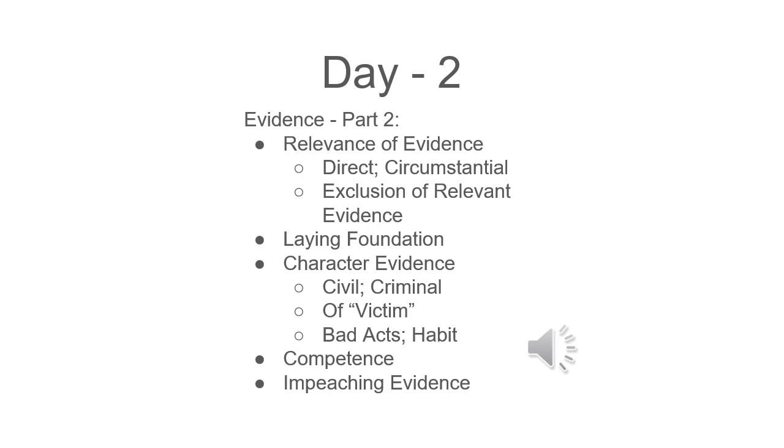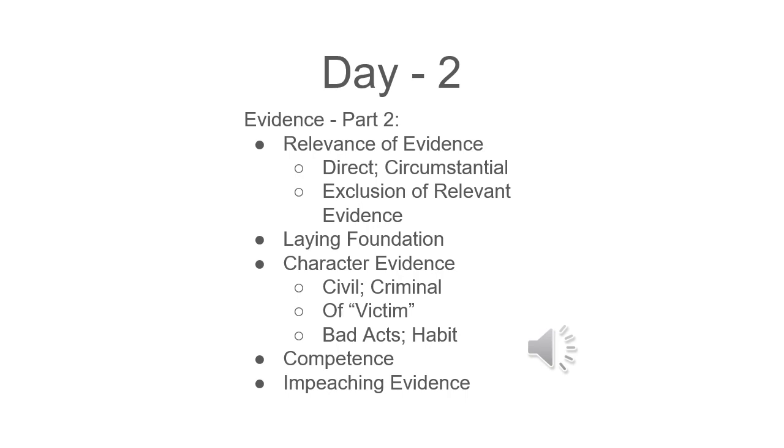Impeaching a witness is where you challenge the witness's character for truthfulness, bias, and ability to perceive and or testify accurately. Now, the witness may be impeached by another witness or by contradictory evidence, and under Rule 607, any party may impeach a witness. You may impeach your own witness if you would like.